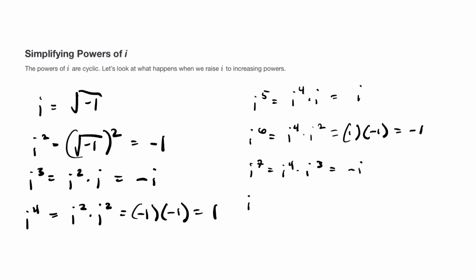And then i to the power of 8 is i to the power of 4 times i to the power of 4, which is just 1, right?